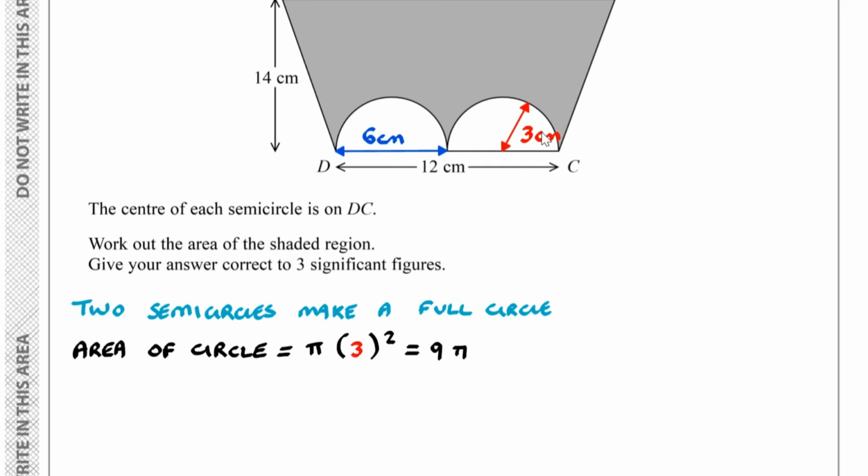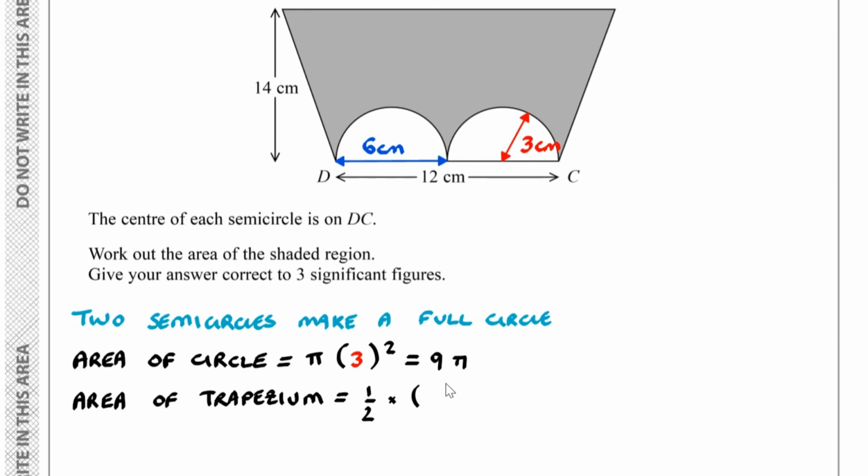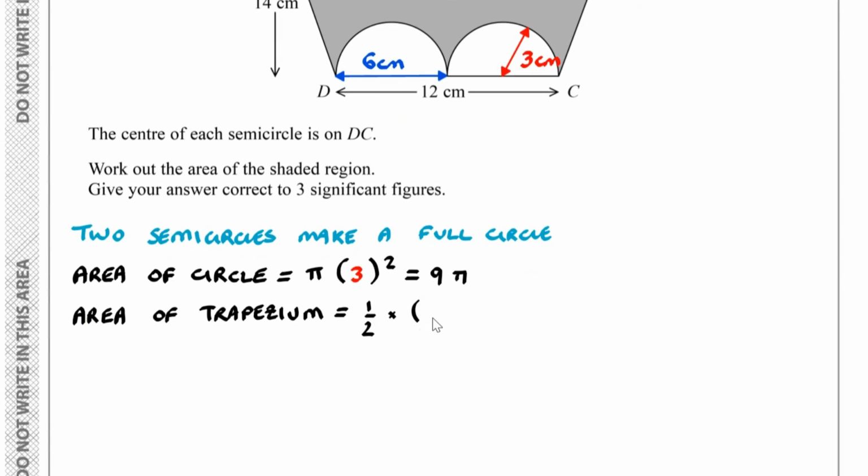We can also find the area of the trapezium. The area of the trapezium, we've got 1/2 times by the sum of the 2 parallel sides, 12 plus 28, multiplied by the height of 14, so it turns out we get 280 centimeters squared.